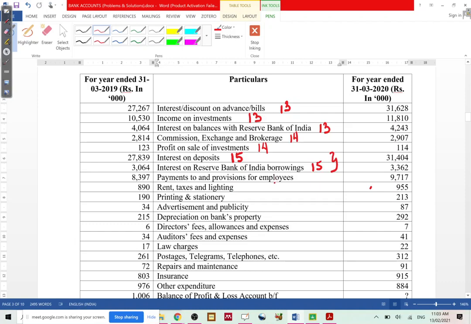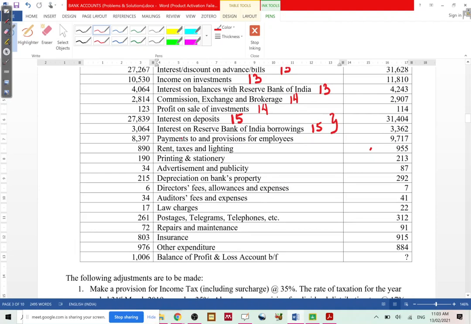Okay. Now other things like whatever is paid to employees, that is salaries, rent, printing, advertisement, depreciation, directors' fees, auditors, law charges, postages, all of these. In fact, it's a very simple problem up to here. All of these are going to be part of your operating expenses, which is Schedule 16.